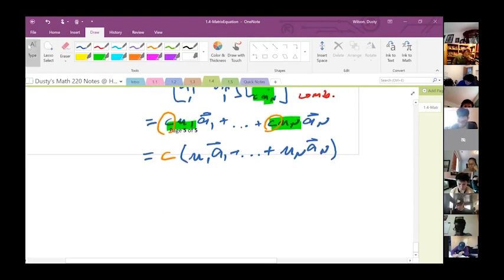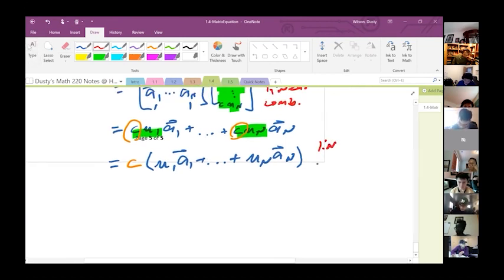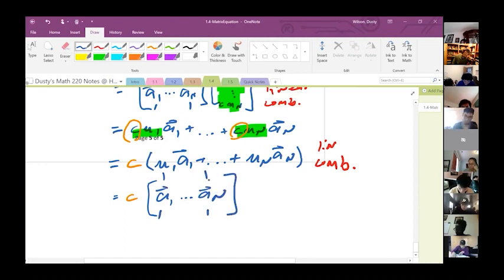This is again a linear combination. Almost there, so hang with me. And so it's a linear combination, and so we can rewrite it as a product. So we've got c, same c, and now we've got our A matrix, A1 all the way to An, and then we're multiplying by the u's. Something like that.